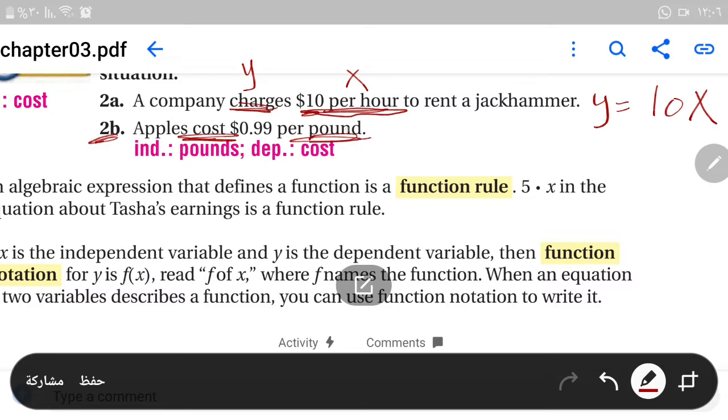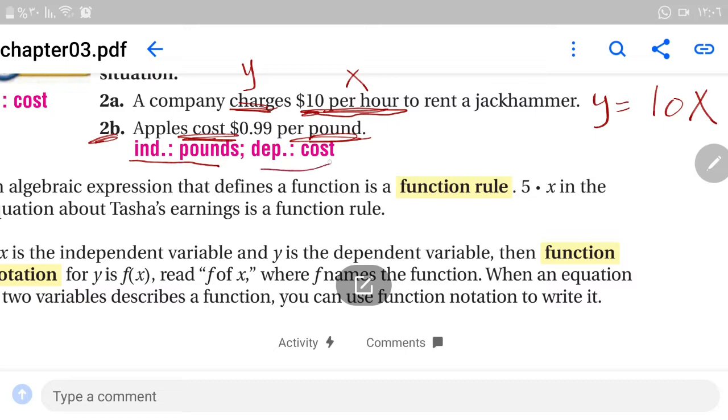If you buy more pounds, the cost will be high. If you buy fewer pounds, the cost will be less. So the cost depends on the pounds. The cost is y, the dependent variable. The number of pounds is x, the independent variable. Alright? So the independent is the pounds, the dependent is the cost.